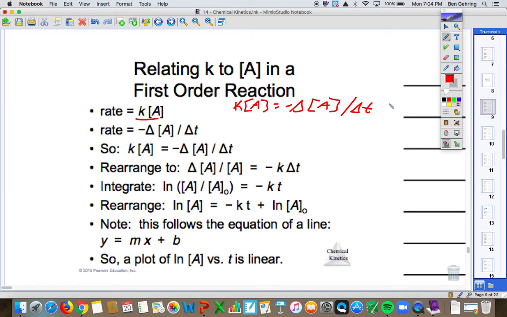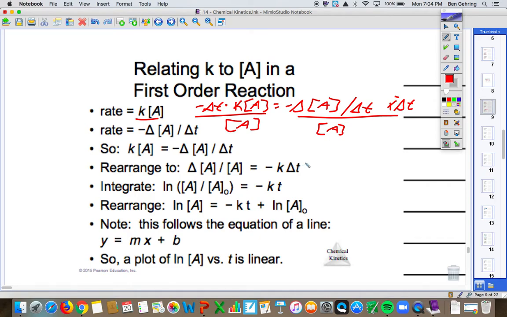So I'm going to take both sides times the negative delta t, and I'm going to divide both sides by the concentration of A. Okay, that's going to get us to this point. We have change in concentration of A divided by concentration of A equals negative k delta t.